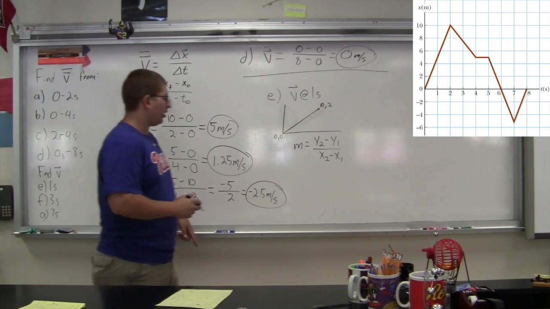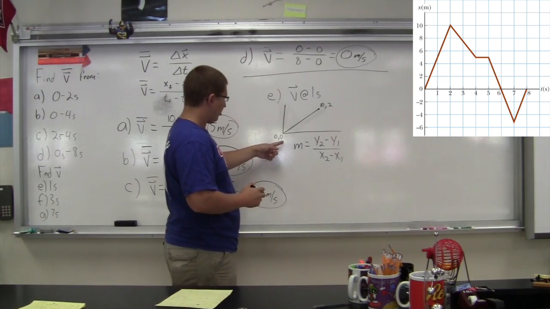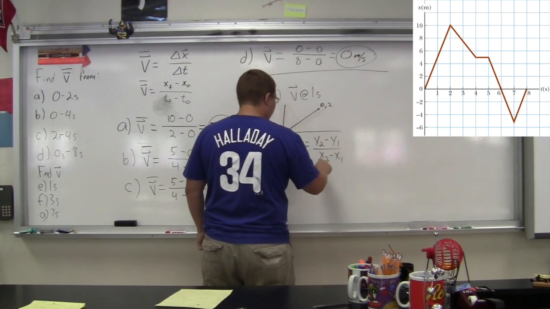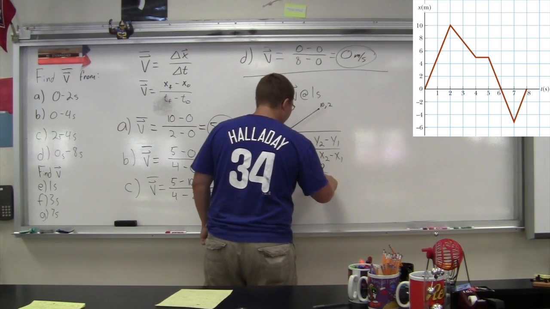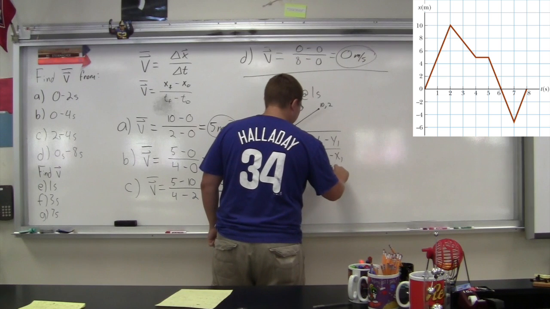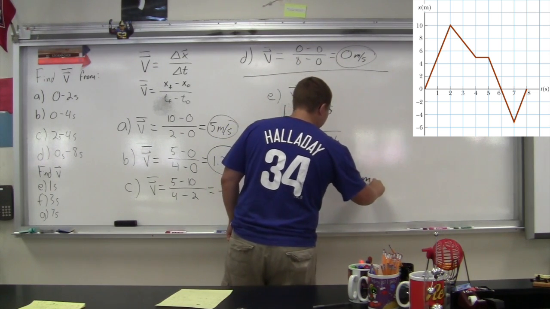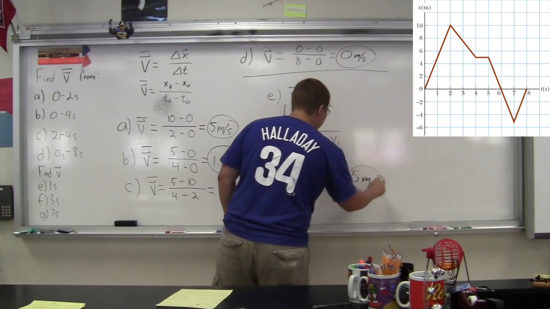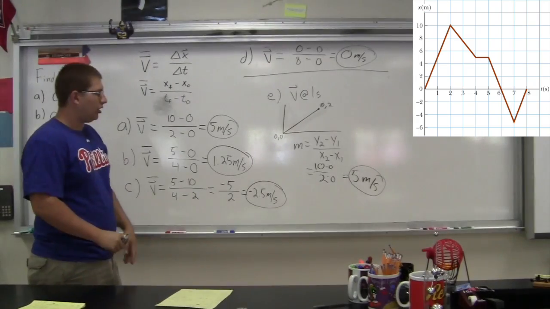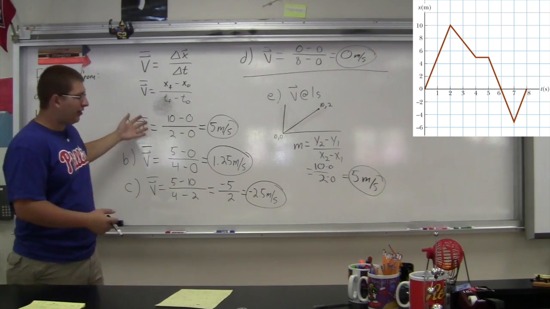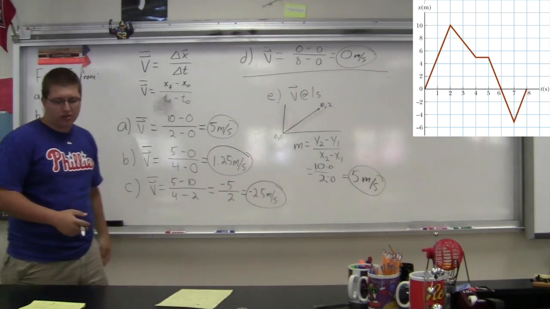Then we plug in our numbers. Looks like these zeros are y1 and x1. So we get y2 is 10 over x2, which is 2, minus 0, which equals 5 meters per second. Just like we found over here, because finding the average velocity is the same as finding the slope.